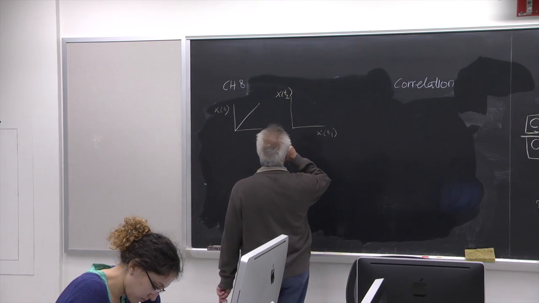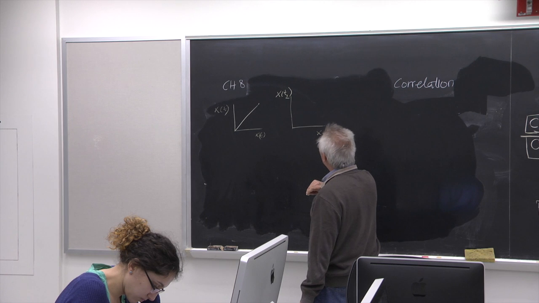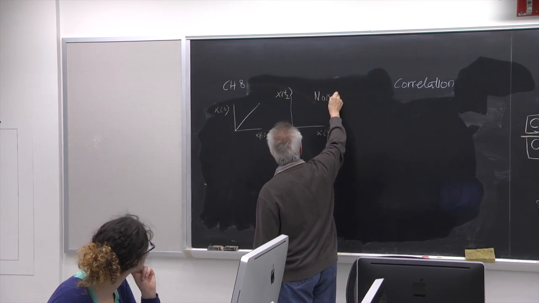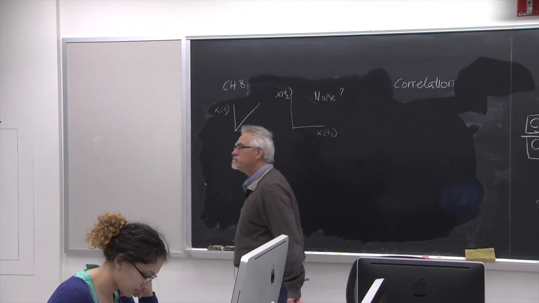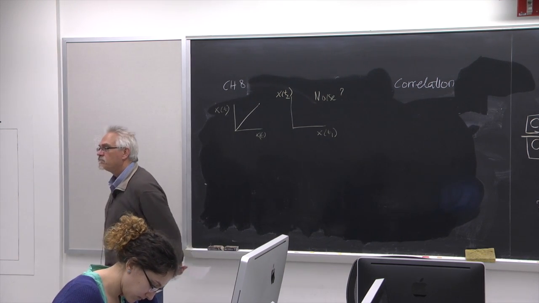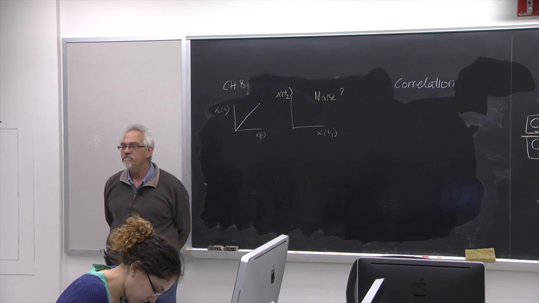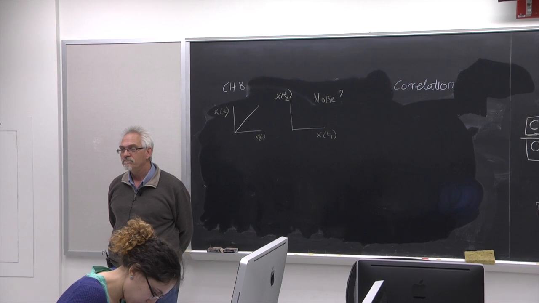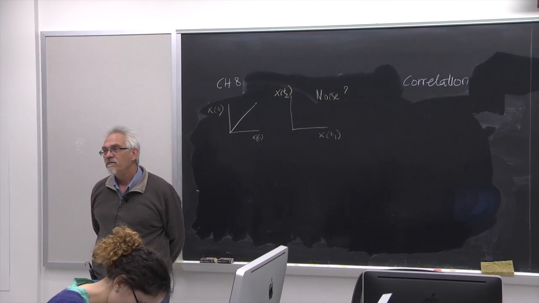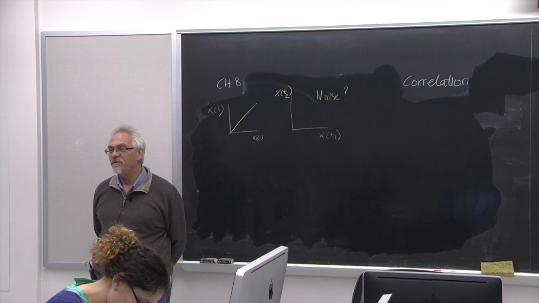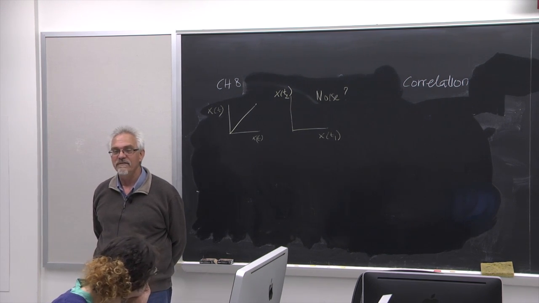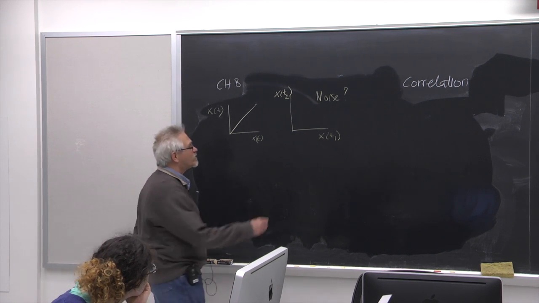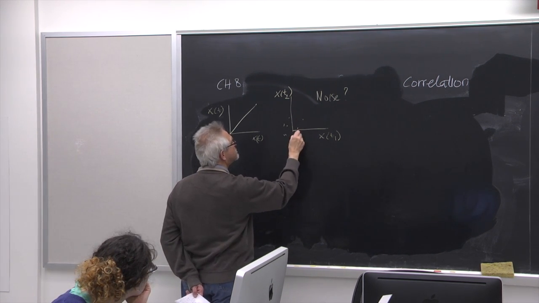So what will this correlation look like, for instance, if I have noise? Truly random noise. Yeah, not really, huh? On the average 0, yeah, but if I take random noise, I basically probably get something like this, isn't it?